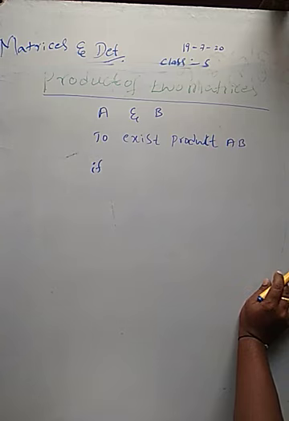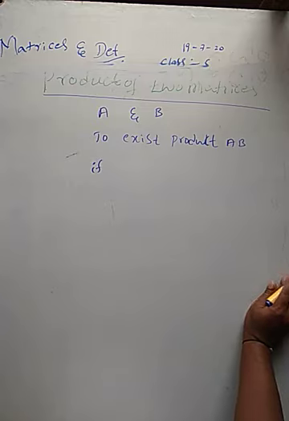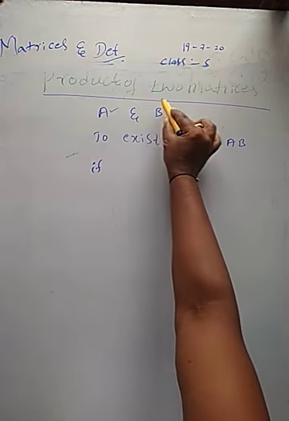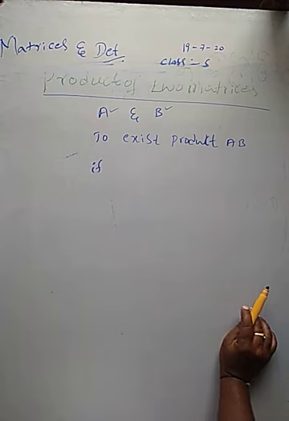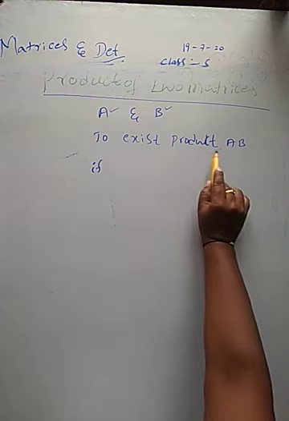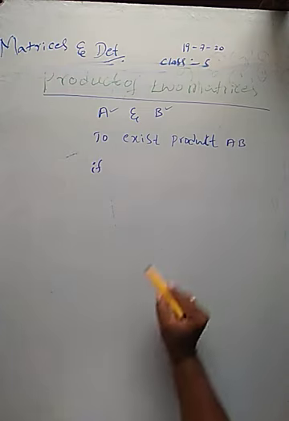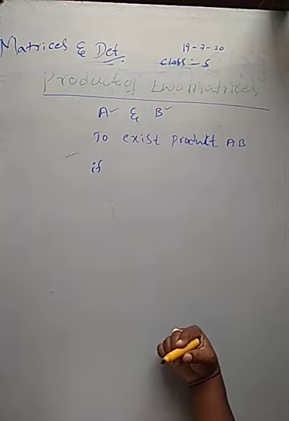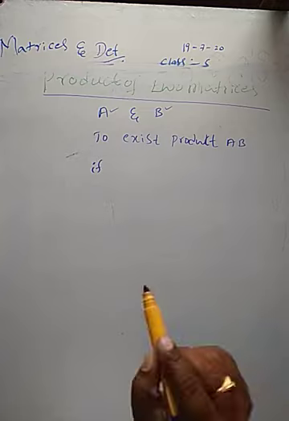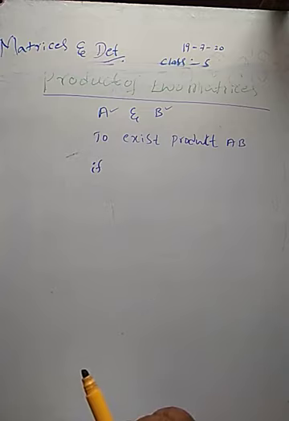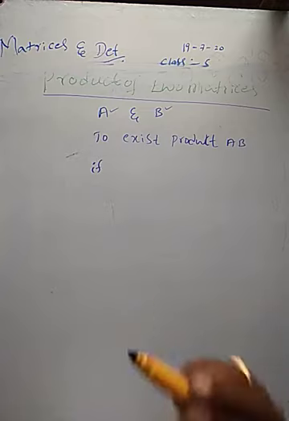There is a working rule, a sensitive working rule. They are given two matrices of any order. To find the product AB, to multiply A and B, first we have to confirm whether AB exists or not.